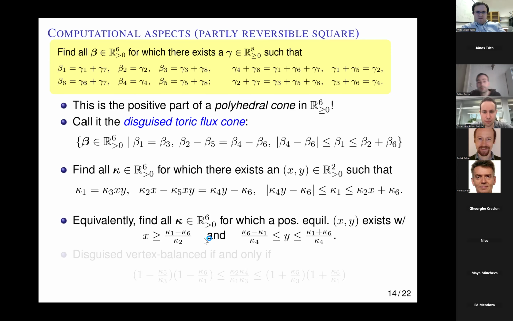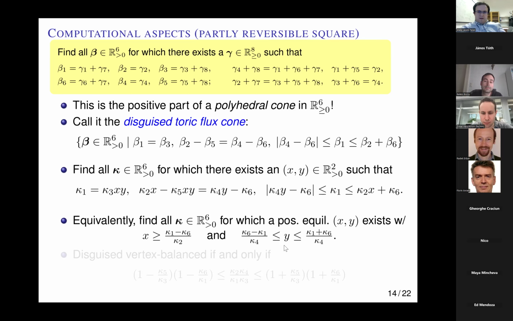In this case, if we do solve this step, then it turns out we need to find all rate constant values for which a positive equilibrium x star y star, or sorry, x y exists, where the first coordinate of the positive equilibrium is larger than a certain value, and at the same time, the second coordinate is between two bounds.